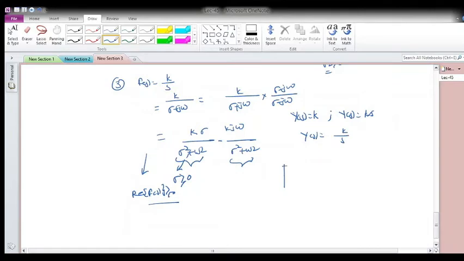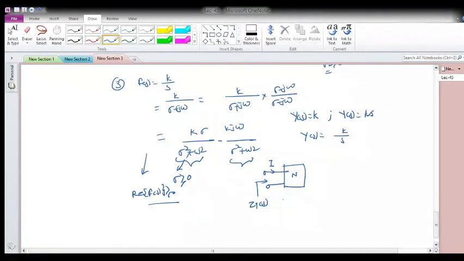Also, suppose I have a passive network with current flowing in it, and this is my driving point impedance Z1(s). Suppose I give a sinusoidal input and calculate the average power dissipated by the passive network.